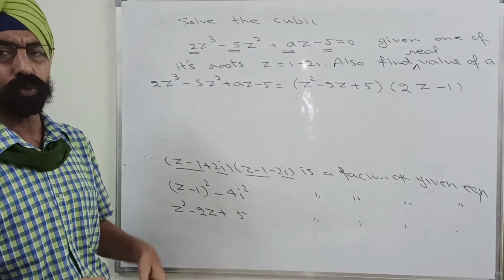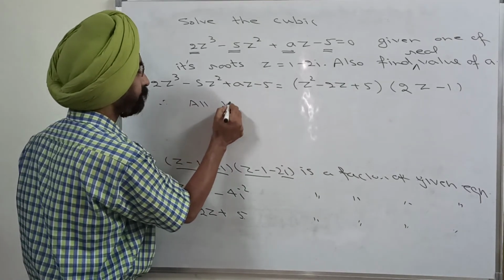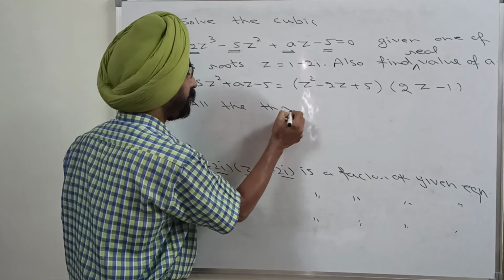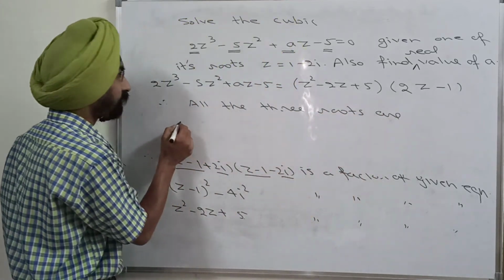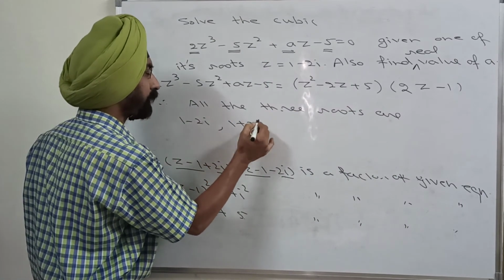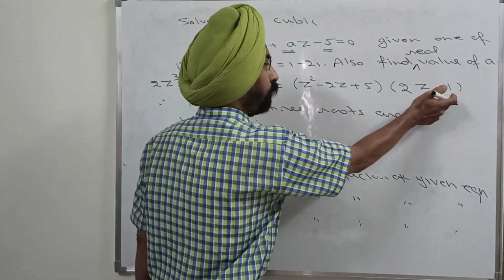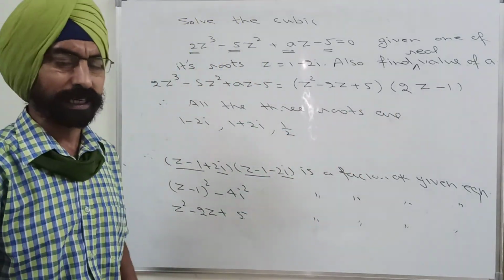So third factor is 2z minus 1. Therefore, all the three roots are: first was given 1 minus 2 iota, second by inspection was 1 plus 2 iota, and the third one from this factor is 1 by 2. So all the three roots are there.